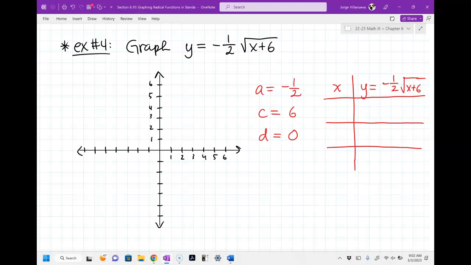X plus what is 0? Negative 6. Because negative 6 plus 6 is 0, right? So this will be negative half, square root of negative 6 plus 6. Well, negative 6 plus 6 is 0. Square root of 0 is 0. 0 times negative half is 0, so it's 0. So I'm going to put a point at negative 6, 0. There we go. Negative 6, 0.